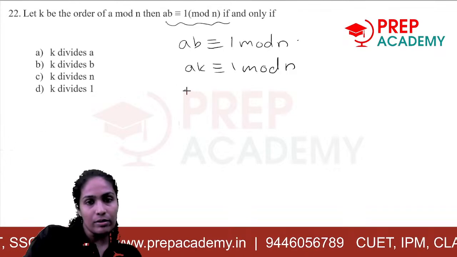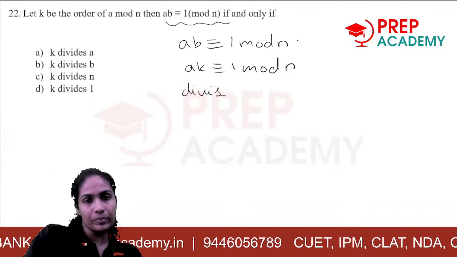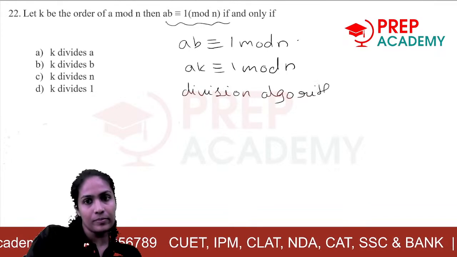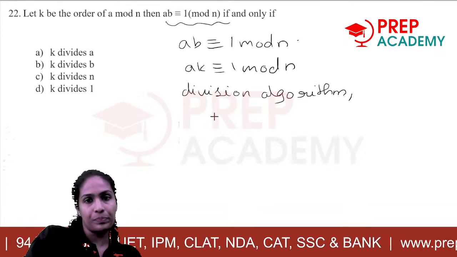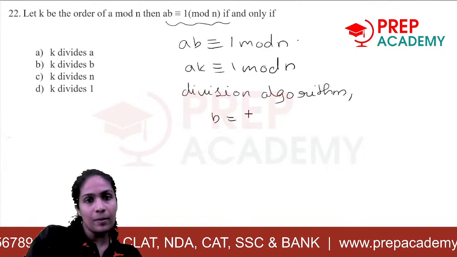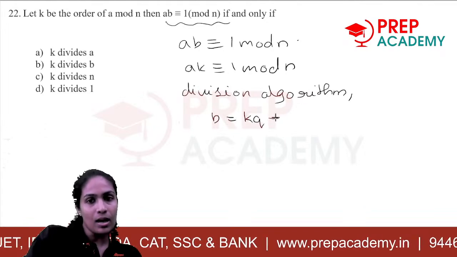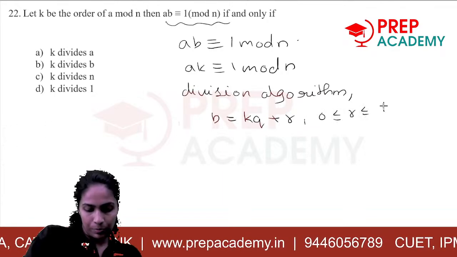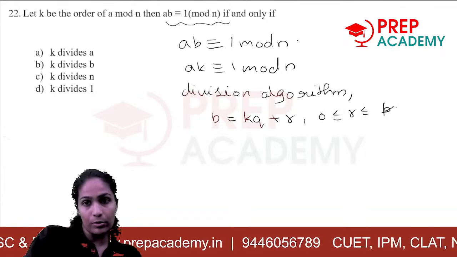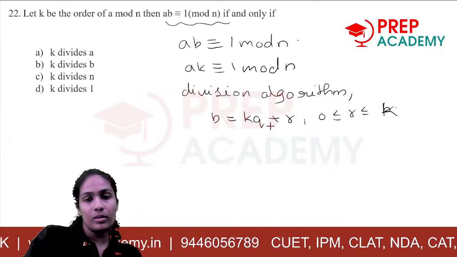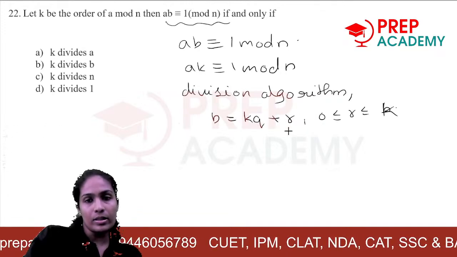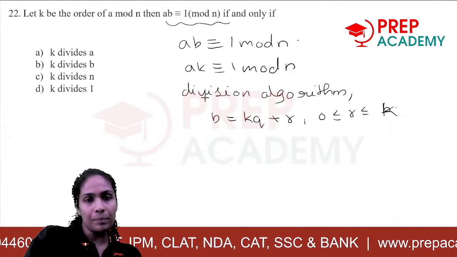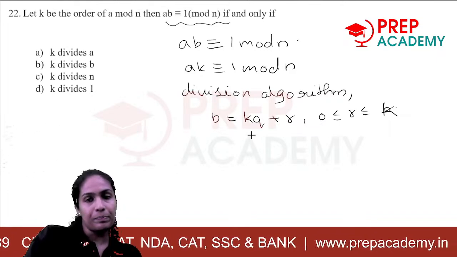Now by division algorithm, b can be written as kq plus r, where 0 less than or equal to r less than k. Here r is the remainder, q is the quotient, k is the divisor, and b is the dividend.